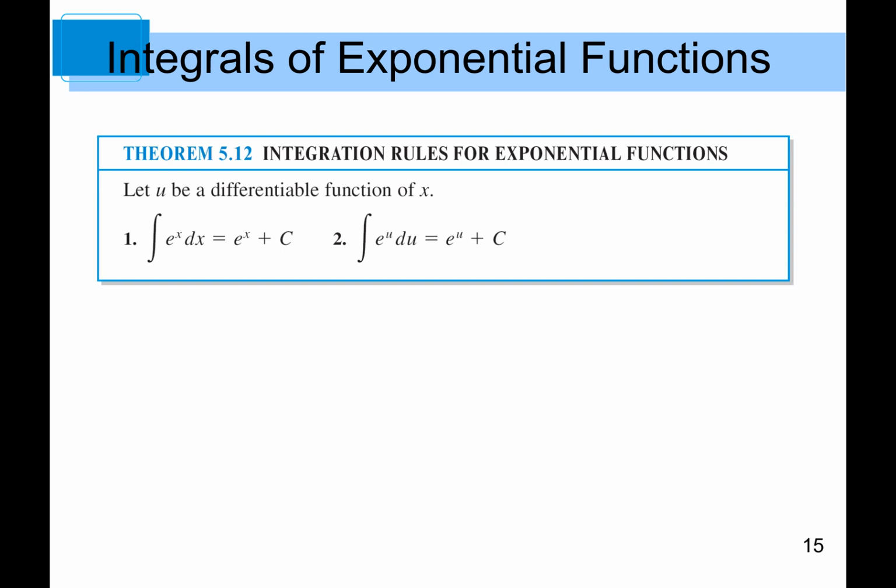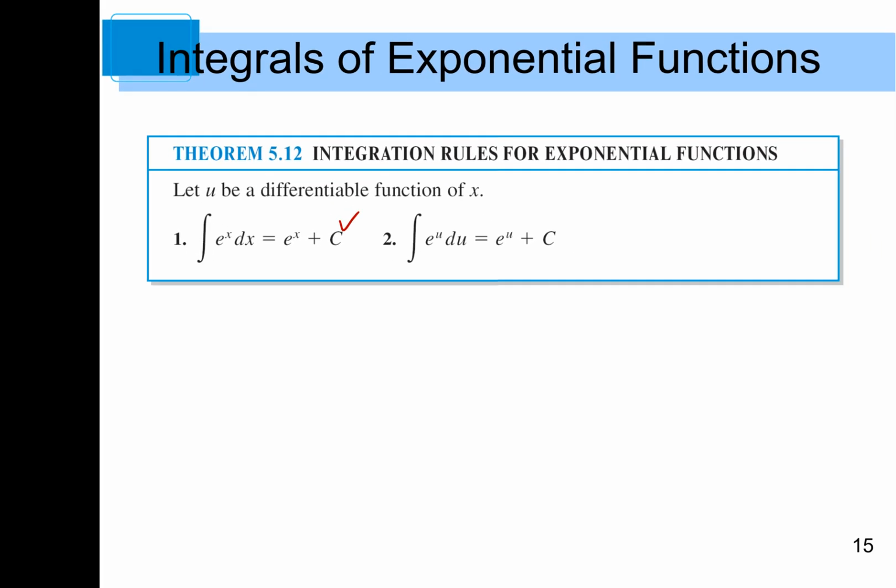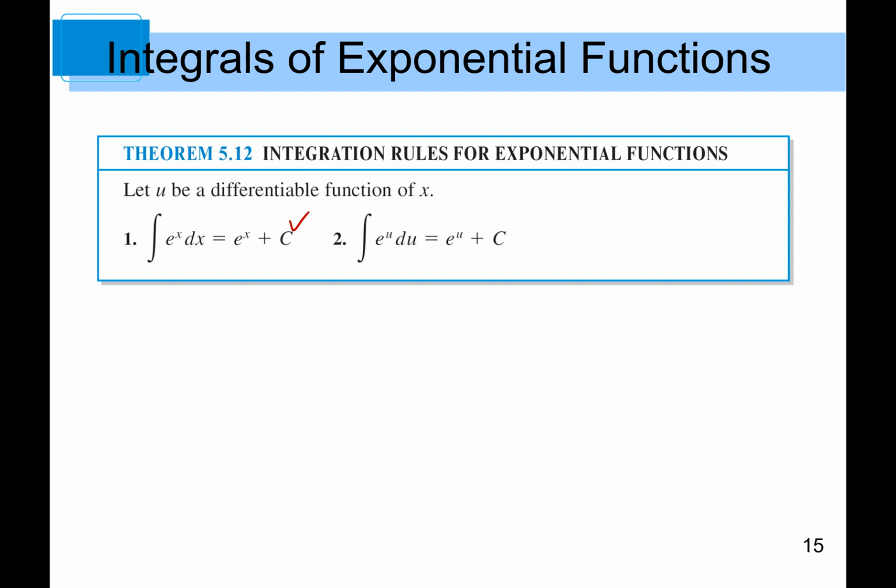So the integration of e to the x is e to the x plus c, plus a constant, because the derivative of a constant is going to be 0. That's why when you're going backwards, you always add a constant c. The derivative of e to the x plus 1 is e to the x, since the derivative of 1 becomes 0.